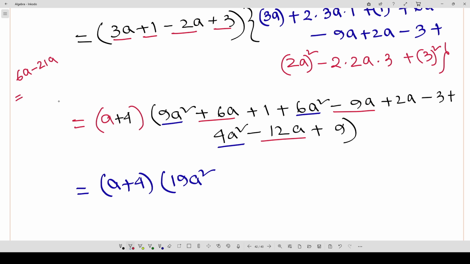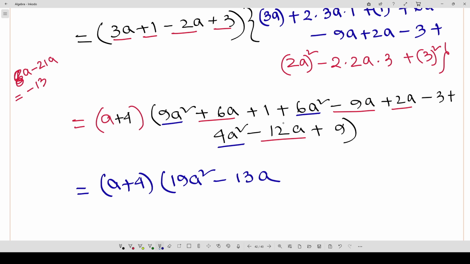Then 6a plus 2a is 8a, so 8a minus 21a is minus 13a.